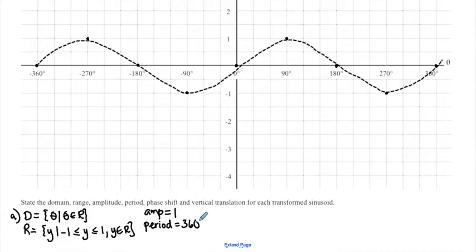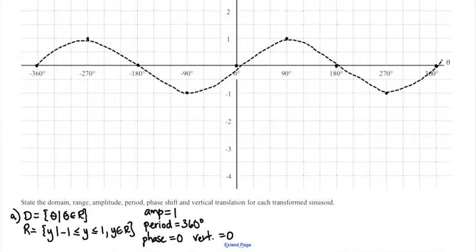That's one complete sine curve. And then we have no phase shift, and we don't have any vertical translations. So you can put the phase shift is 0, and the vertical translation is also 0. So that's what we have for the basic sine curve.